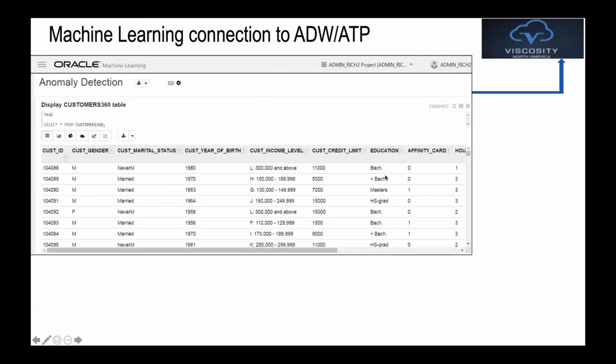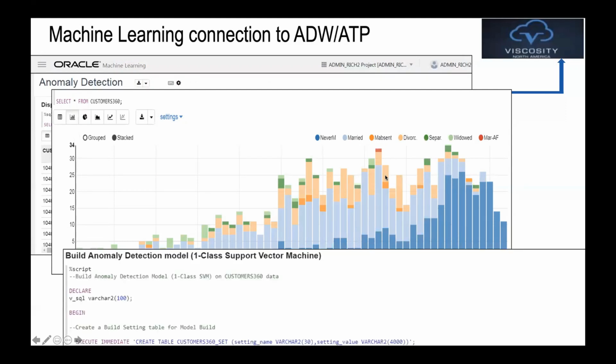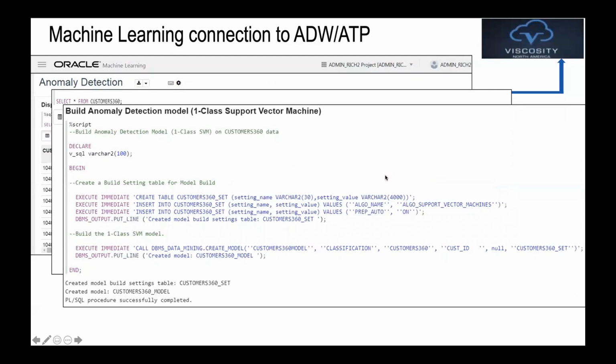Anomaly detection, if I go into this notebook, I'm just doing a simple select clause. Pretty easy, right? SQL so far. Then I click on a graph, say put it on a bar graph. You can see it's grouped it into different areas, and I do that with settings. And then I say, create a table for settings and put an algorithm in there called support vector machines, which just happens to do many things, but one of the things it does is anomaly detection.